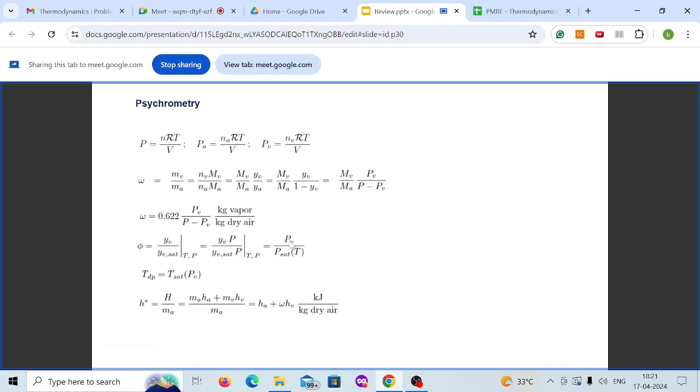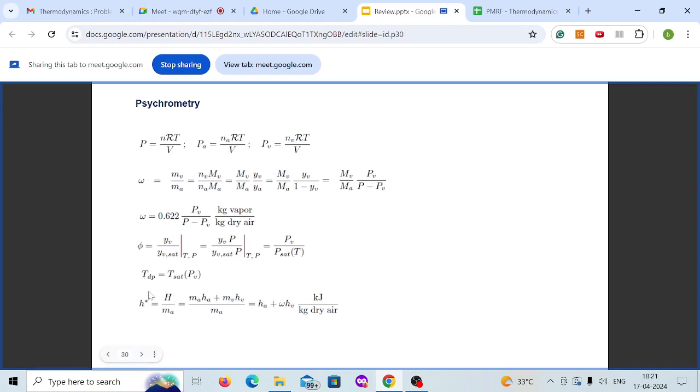And your dew point is nothing but the saturation temperature corresponding to the vapor pressure, the partial pressure of the water vapor. From the steam table you can find the dew point temperature, or you can find it from the psychrometric chart as well.